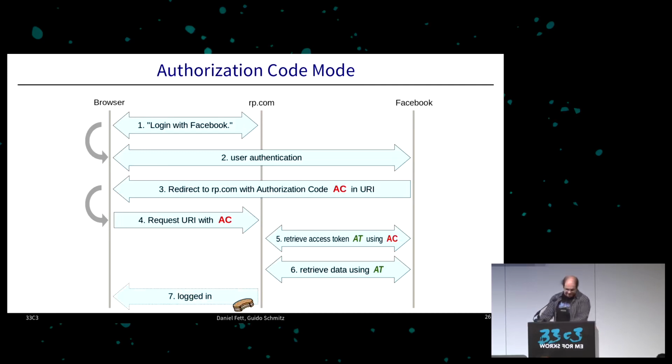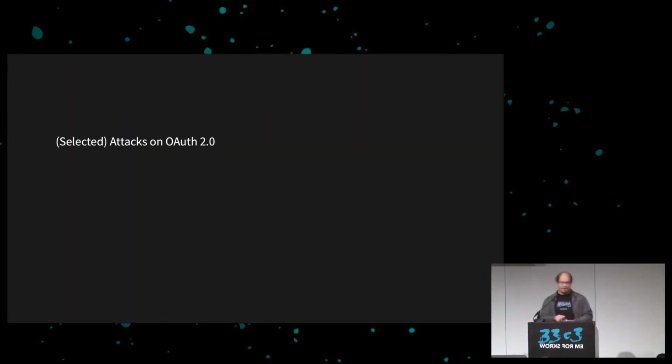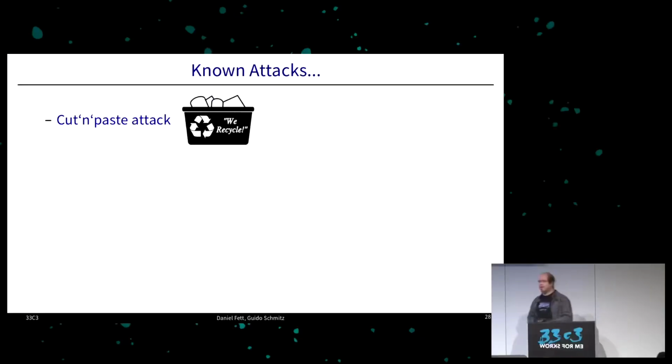So let's talk about selected attacks on OAuth. First, let's talk a bit about known attacks. There are attacks like the so-called cut and paste attacks, where you reuse some of these tokens, like the access token or authorization code, or there are also some other tokens which I haven't talked about, so I left out some details before.